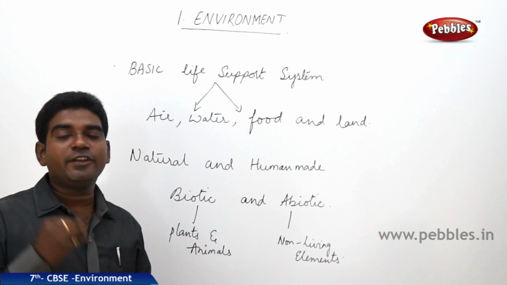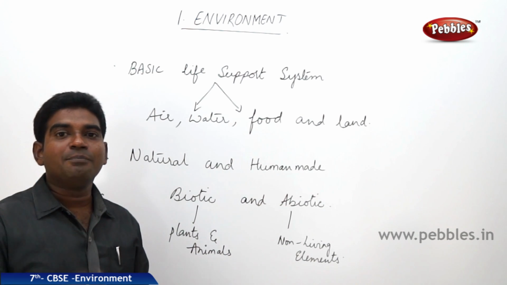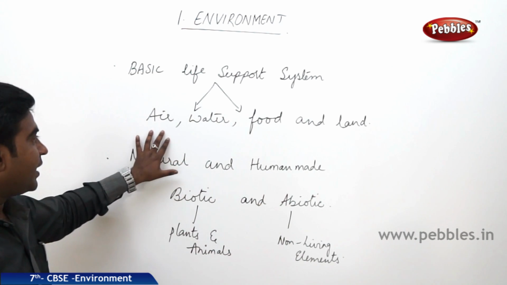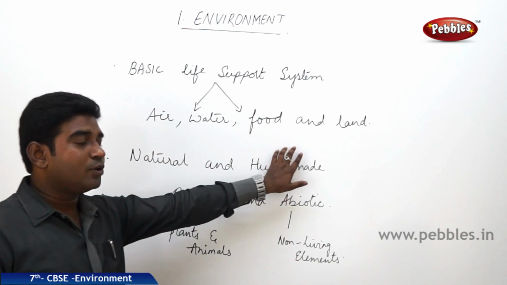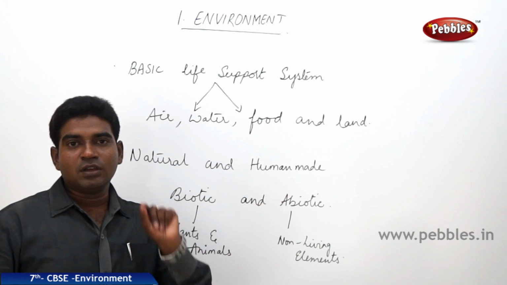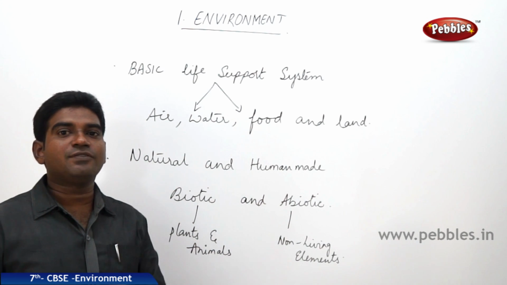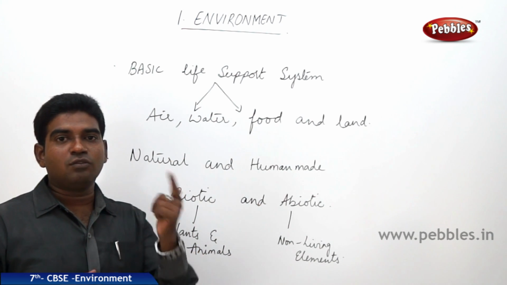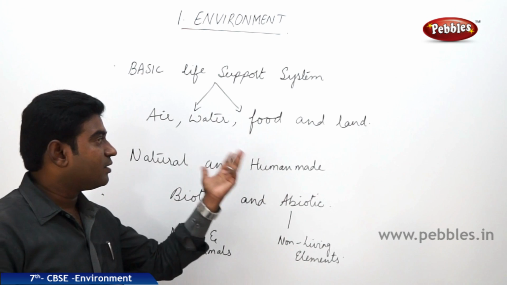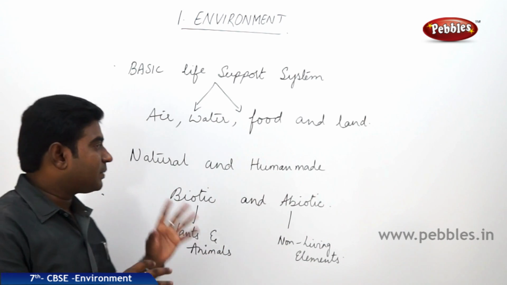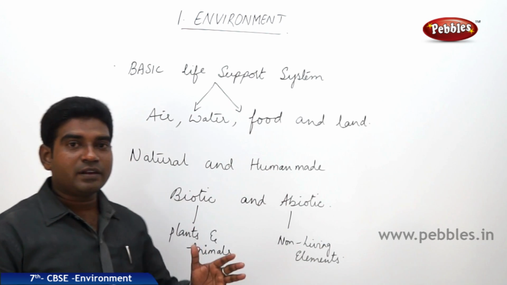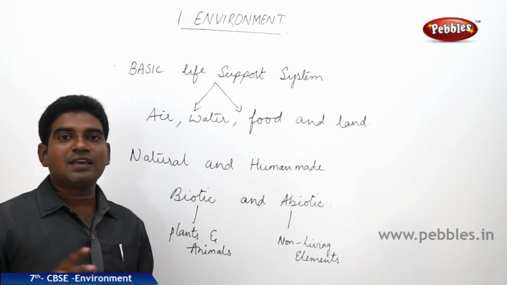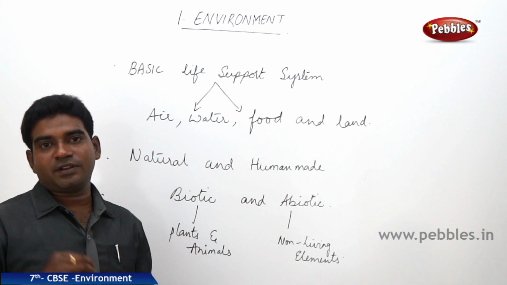So, these are the main components which come under the basic life support system, that is the air, water, food and land. So, the environment, the basic life support system, is a combination of air, water, land and food. Now, if you observe them carefully, air, water, land, all these are naturally available for us.